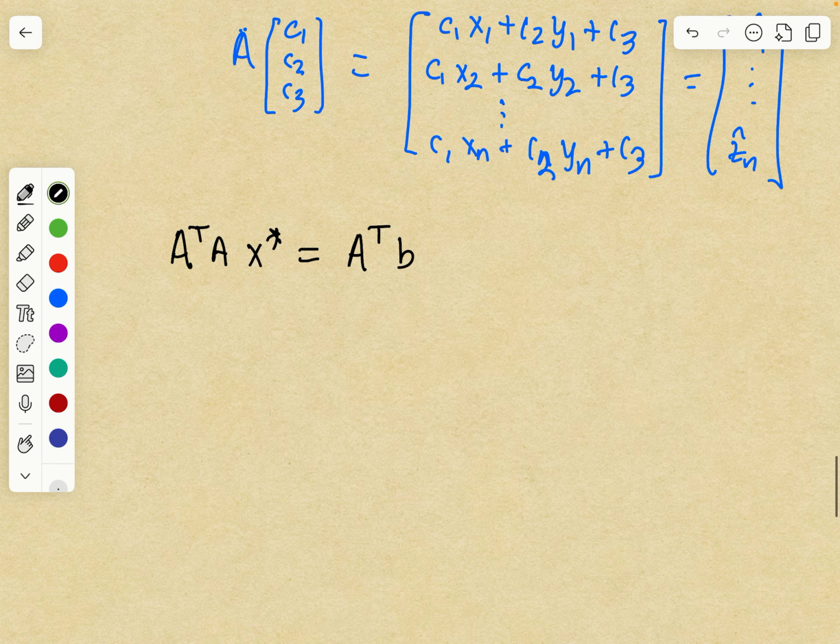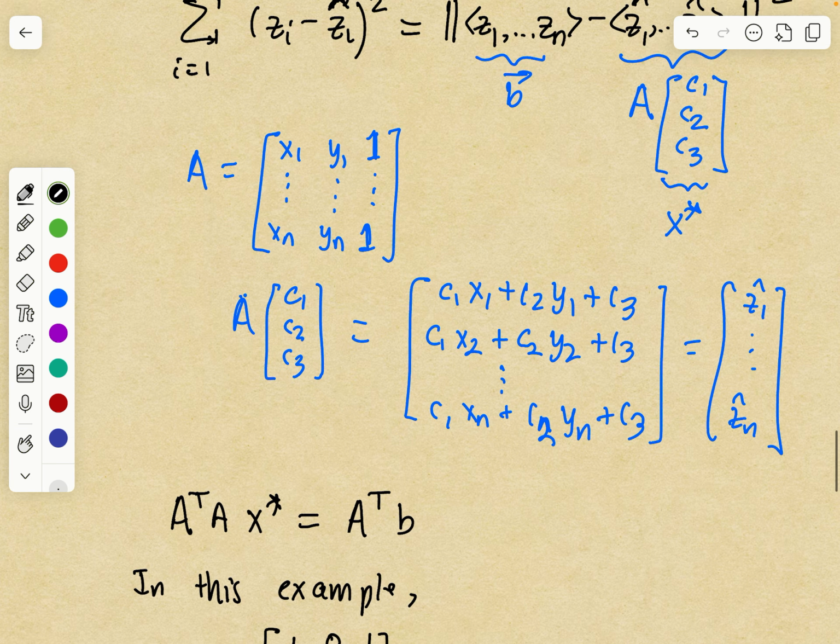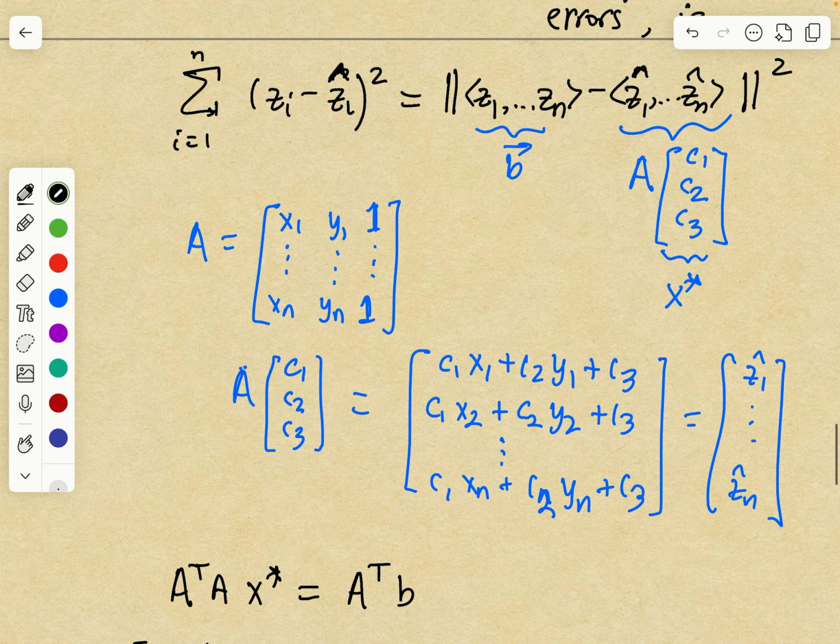So in this example, our matrix A is the matrix where the first column consists of the xi's, the second column consists of the yi's, and the last column is all 1's, because this c3 is being multiplied by 1.